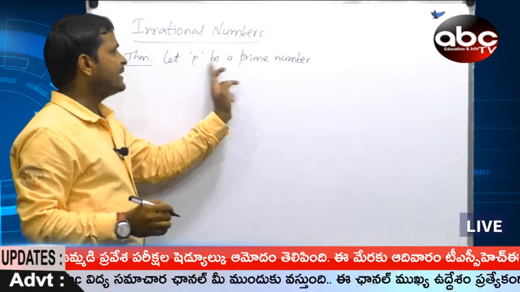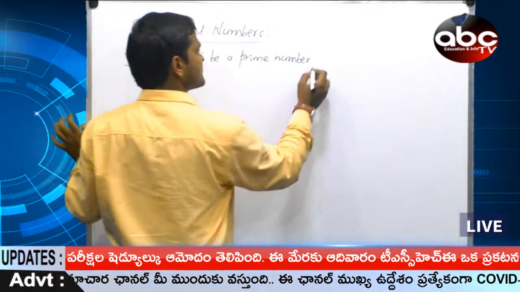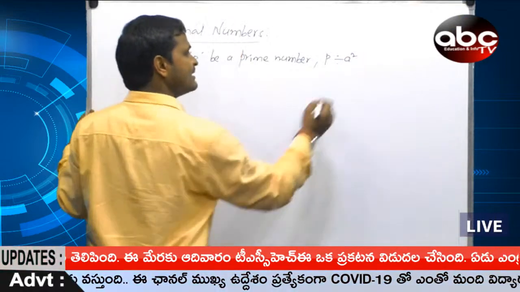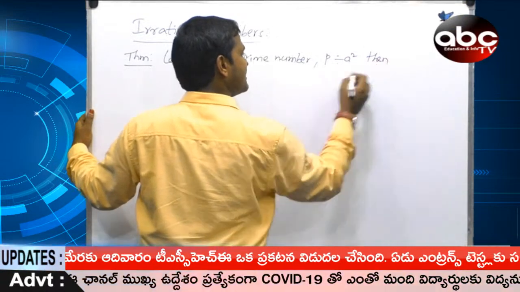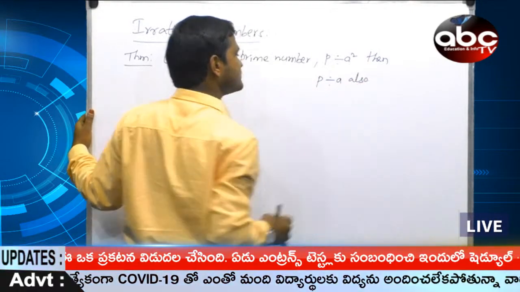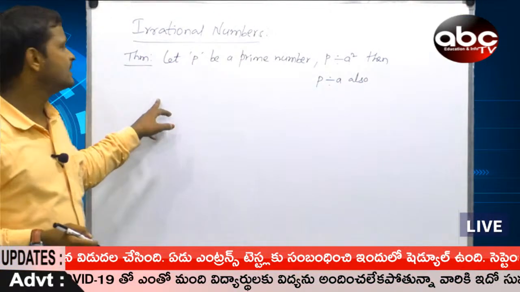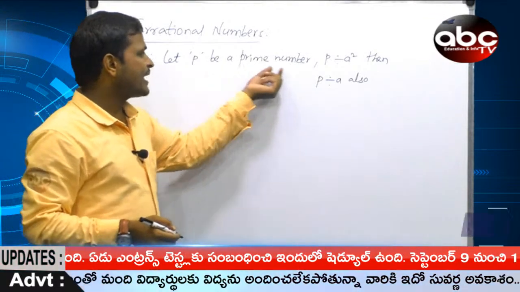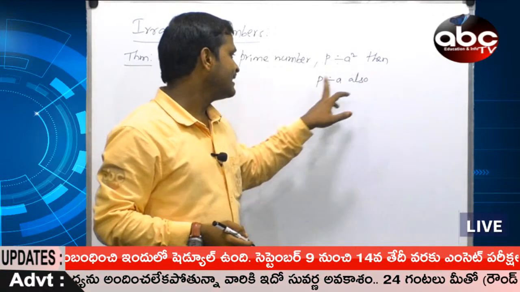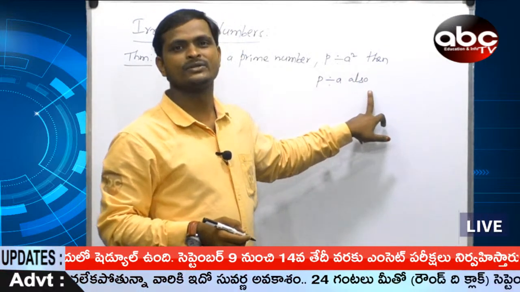If p divides a square, then p divides a also. This is the statement. Let p be a prime number, p divides a square, then p divides a also.